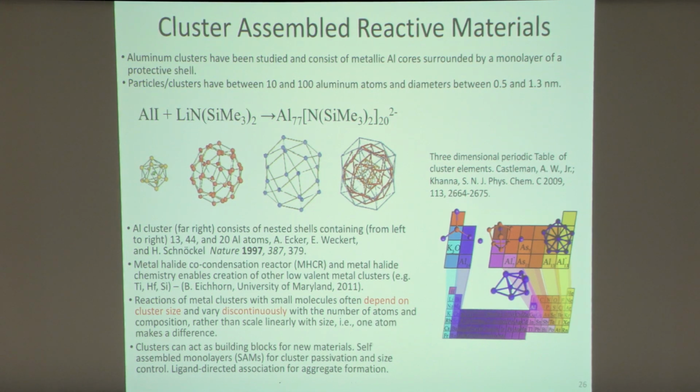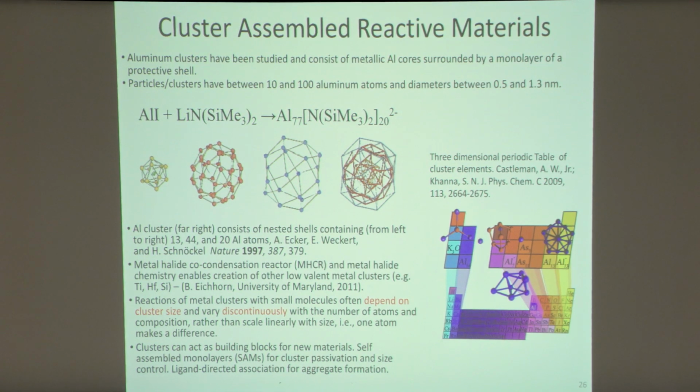And they would become very reactive. You could passivate those surfaces. And there's some unique characteristics about it. What I note here: reactions of metal clusters with small molecules often depend on the cluster size and vary discontinuously with the number of atoms in composition rather than scaling linearly with size.